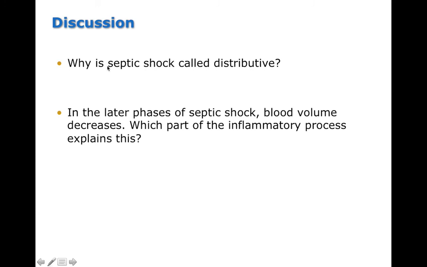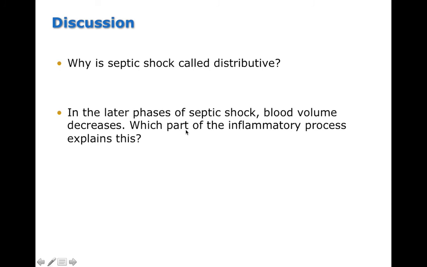Now, this discussion here says, why is septic shock called distributive shock? Why don't we put this in its own sort of subcategory of, let's say, infection-related shock? Well, what we find though is that in the later phases of septic shock, blood volume decreases. And so which part of the inflammatory process could explain this?